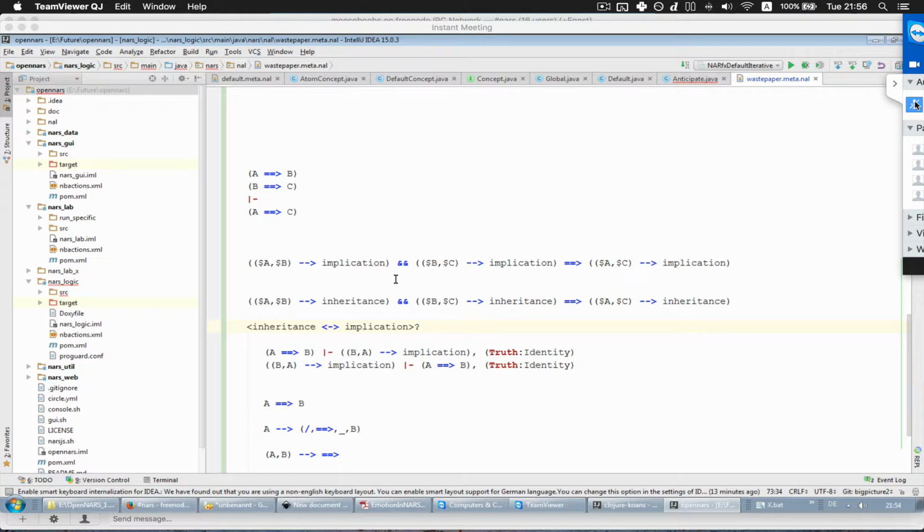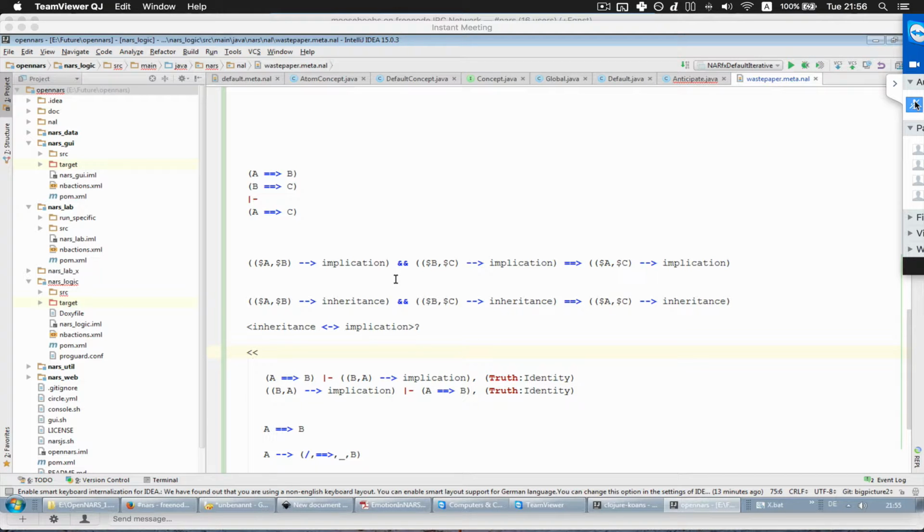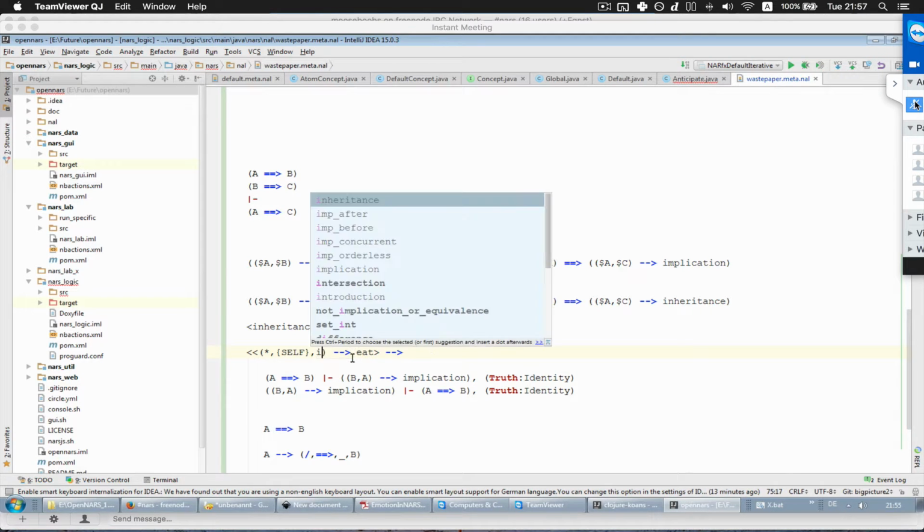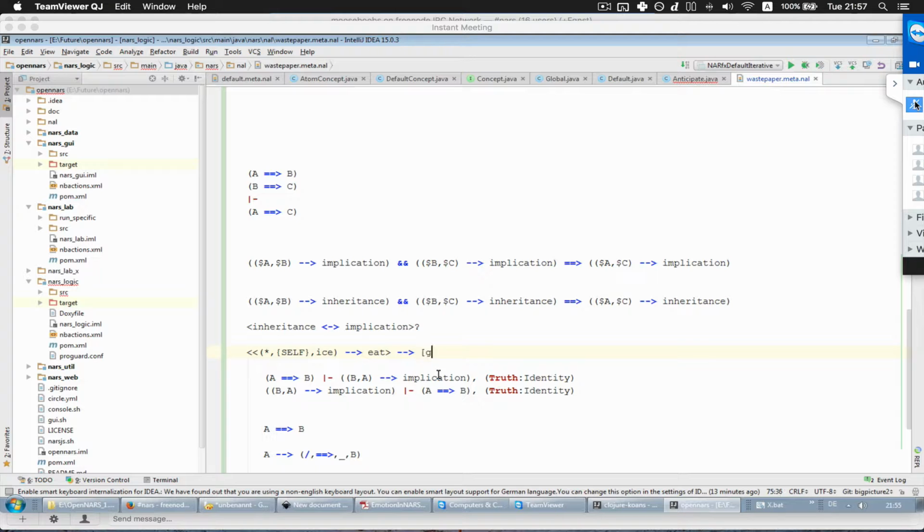There's really a lot of potential in term logics, and I really think that this property alone, to use a term logic, is probably one of the most ingenious things about this system in general, because I can, for example, say that if I eat ice, that eating, let's generalize this, that ice eating is good.